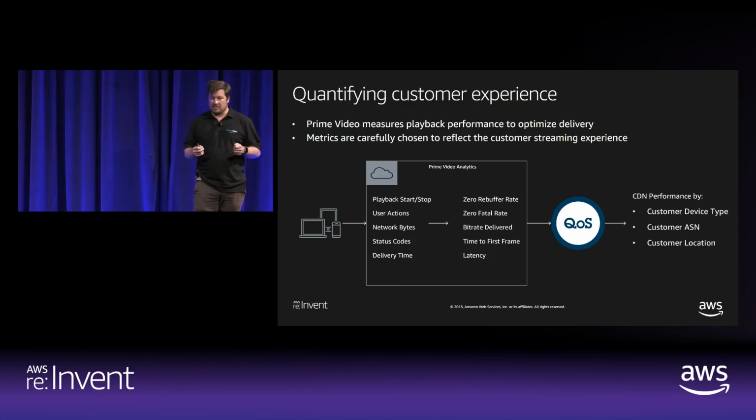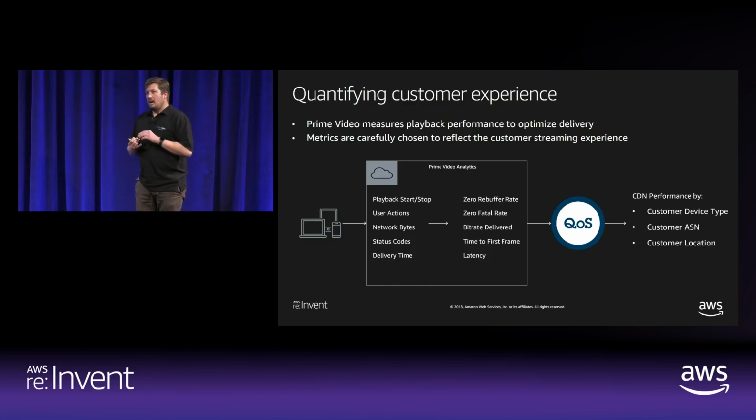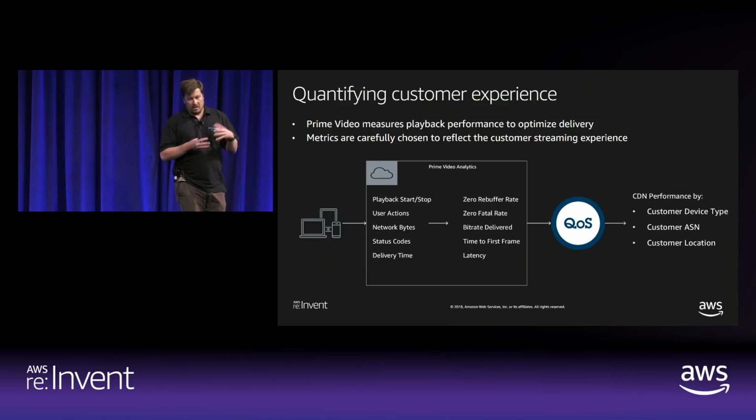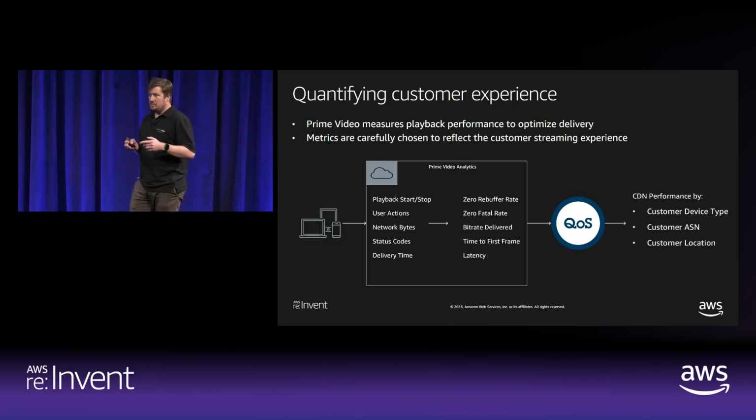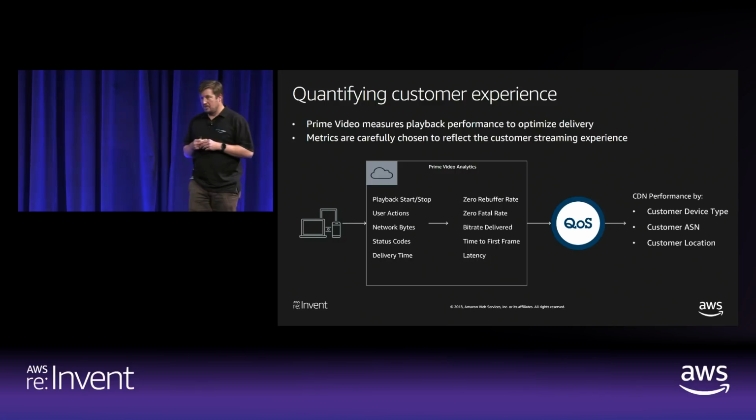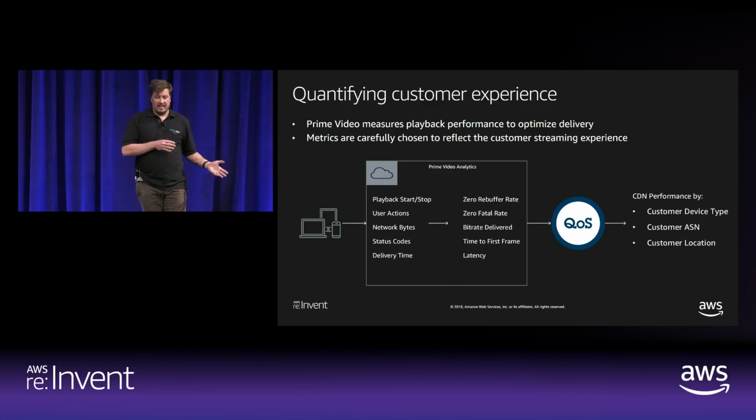The way that we're doing this is we are gathering all this data from devices that tell us raw data about what's going on. Is there a spinner? Did playback start? Did it stop? Did a user ask for it to stop when it stopped? We're getting all of this data at DDoS scale, actually. It's a huge amount of data. So we have to take that raw data and convert it into meaningful metrics or KPIs that help us quantify what the experience is.